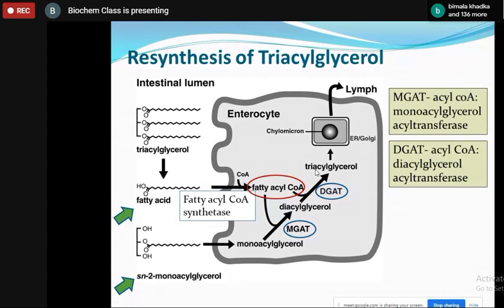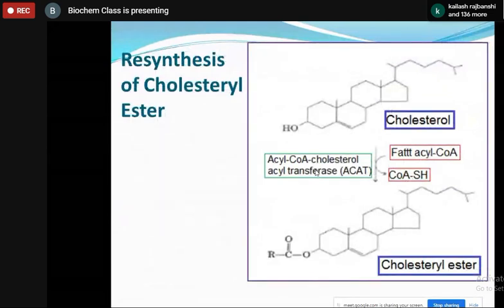So this is how triacylglycerol is remade in the enterocyte. You consume triacylglycerol in the diet, it is digested, converted to fatty acids and monoacylglycerol, taken up by the enterocytes, and in the enterocytes itself triacylglycerol is remade. Same thing, there is resynthesis of cholesterol ester as well. Cholesterol, one activated fatty acid gets esterified to cholesterol.